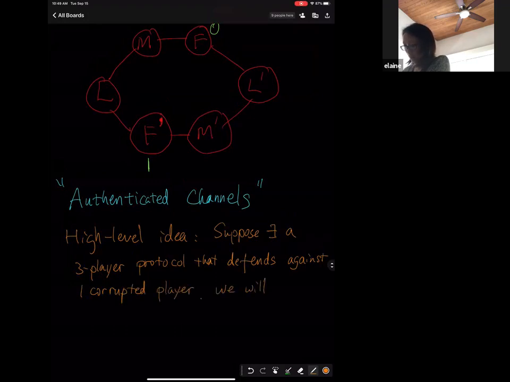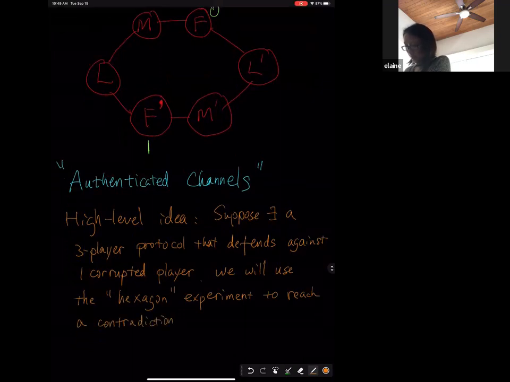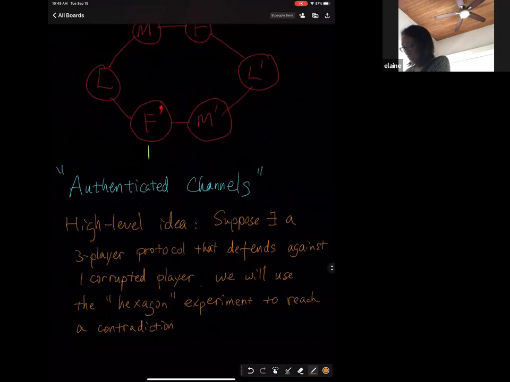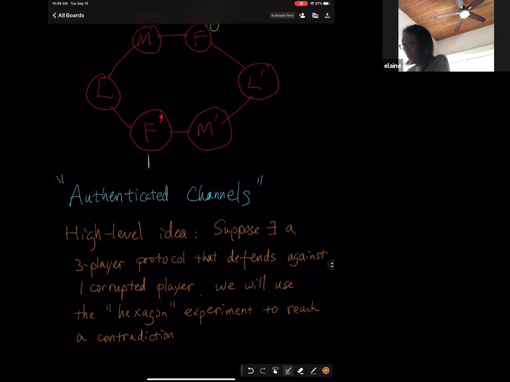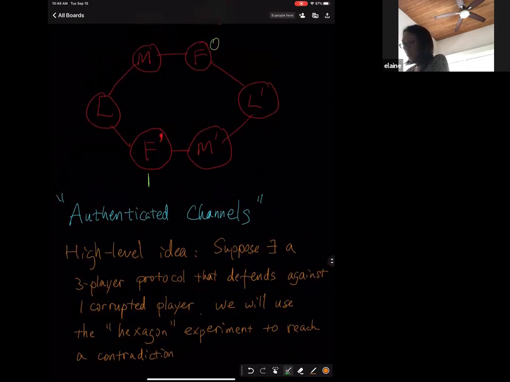We will use the hexagon experiment to reach a contradiction. And then the contradiction will essentially allow us to rule out the existence of a three-player protocol that defends against one corrupted player. Okay, so it's all about interpreting this hexagon experiment, and there are different ways to interpret it.